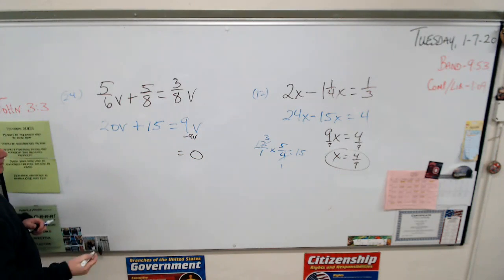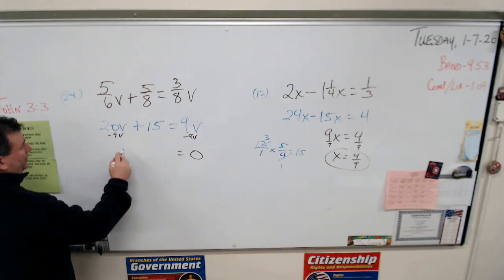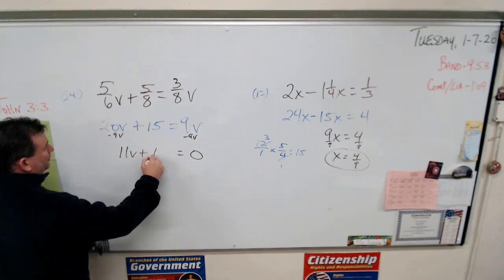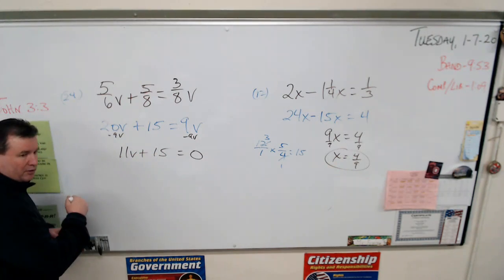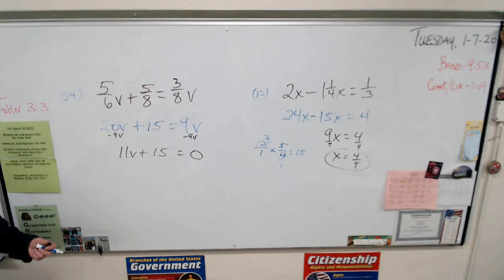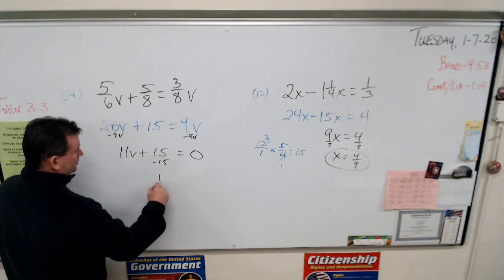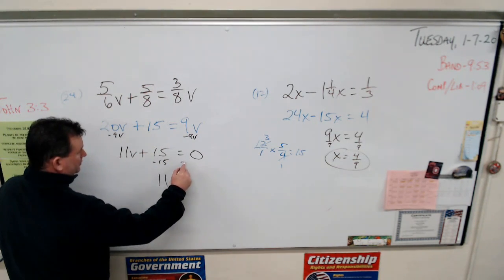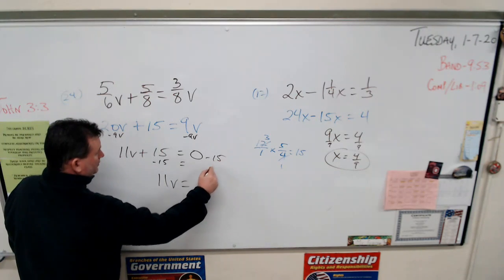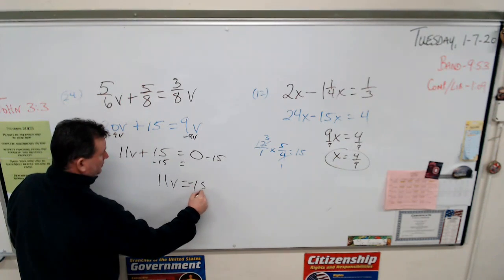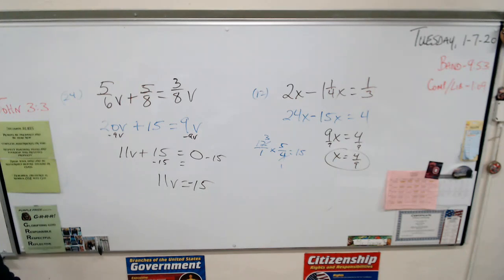If I subtract 9V here, I got 11V plus 15 equals 0. Don't be afraid of that, because now how am I going to get rid of the 15? I'm going to subtract 15 from both sides. 11V equals negative 15.